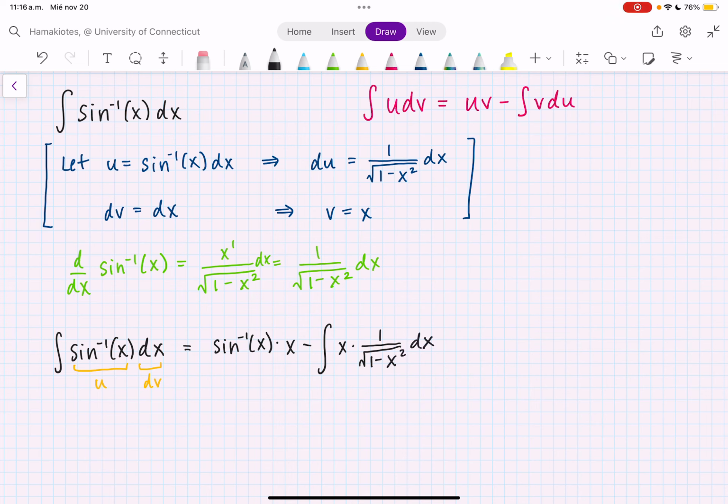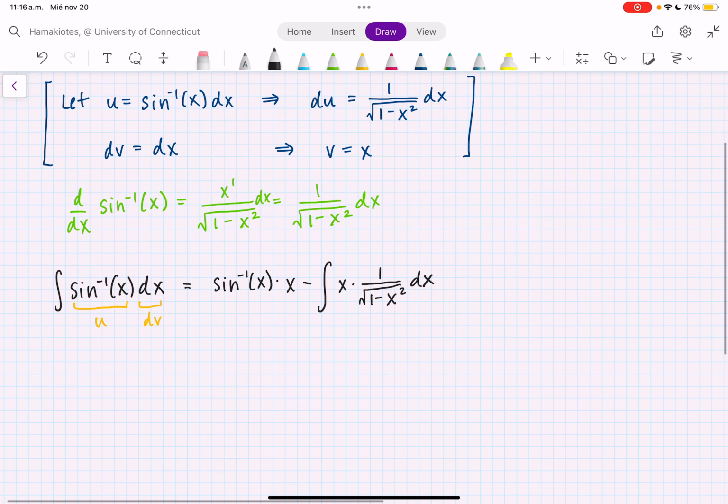So now we have another tricky integral to evaluate. For this one, we're going to want to use a u-substitution. So let's set up our u-sub.